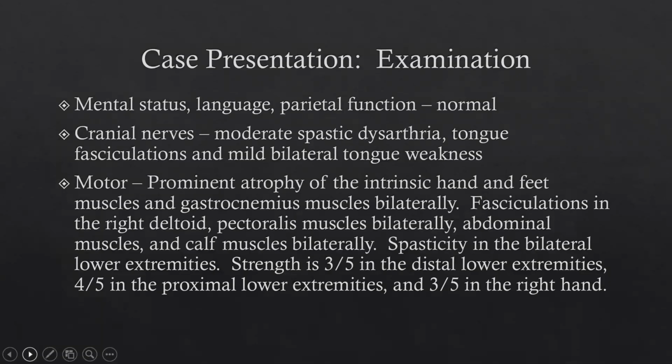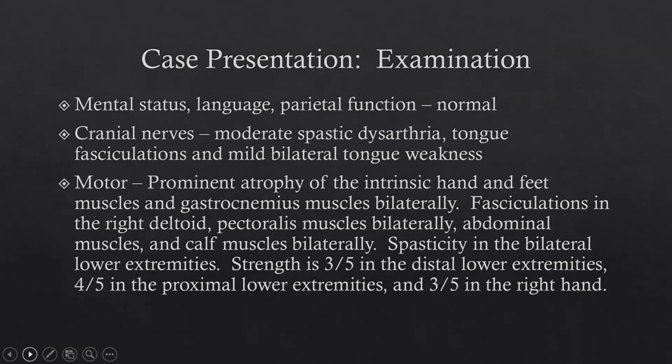So this patient is examined and the mental status, language, and parietal function are normal. In terms of cranial nerves, there's moderate spastic dysarthria, tongue fasciculations, and mild bilateral tongue weakness. In terms of motor, there's prominent atrophy of the intrinsic hand and feet muscles and gastrocnemius muscles bilaterally.